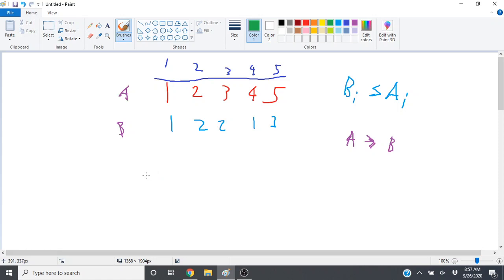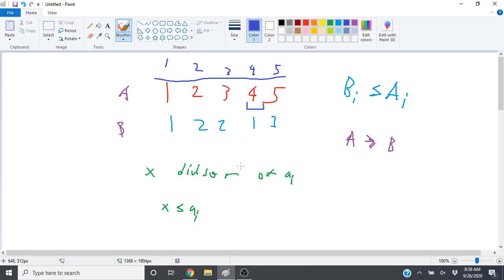Let's say x is a divisor of AI. Then either x is equal to AI, in which case it's just itself, or it has to be less than AI, because otherwise it just can't be a divisor. So x is less than AI. And what that means is that all divisors of AI come before it in the array.